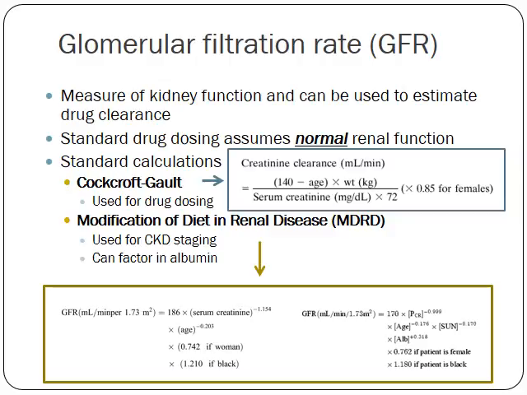These equations are not infallible, but if you use your clinical judgment, you can usually figure out what to do. One rule of thumb whenever you're dosing something renally: let's say you're in a clinic, you aren't going to get a lab creatinine on the patient, but you know their weight and their age, and obviously their gender, hopefully. Plug in 1 for their serum creatinine and just see what it would be.